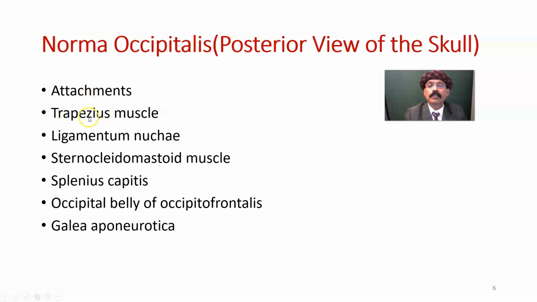The trapezius muscle is supplied by the spinal root of the accessory nerve for motor innervation, and C3, C4 cervical spinal nerves for proprioception.